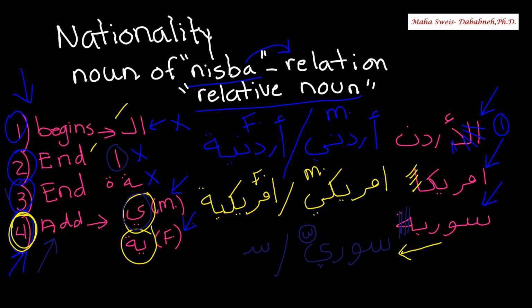Write down the remaining letters, ya and ta marbuta. We add shadda. Why? Because we have ya here. Sometimes if the countries end with ya, and you have to suffix another ya, there you add ya with shadda. That means there are two yas here.